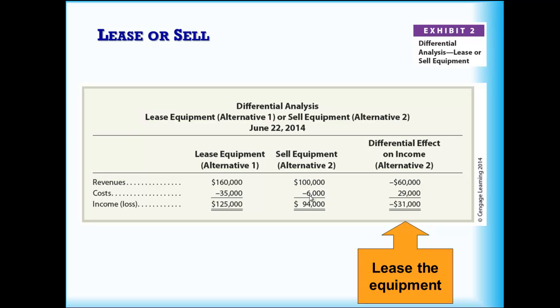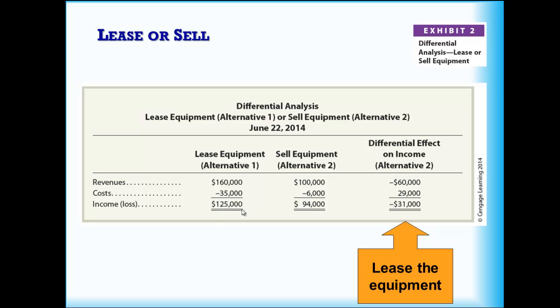That was 6% times $100,000, for $94,000 of income. So the differential revenue here is the negative $60,000. Just in comparing these, there's a $60,000 difference between the two. There's $29,000 worth of differential costs, so $31,000 of differential income. So in this case, it makes sense, obviously, to go ahead and lease out the equipment, right?